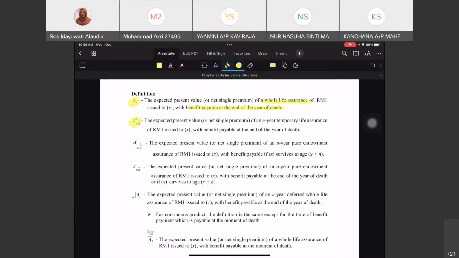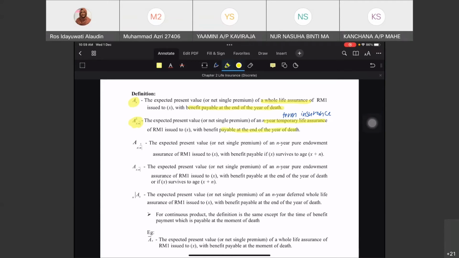So this is term. You already know that it is N-year temporary life insurance, or we also call it term insurance or term life insurance, because it is temporary, it is only for N years, and payable at the end of the year of death.